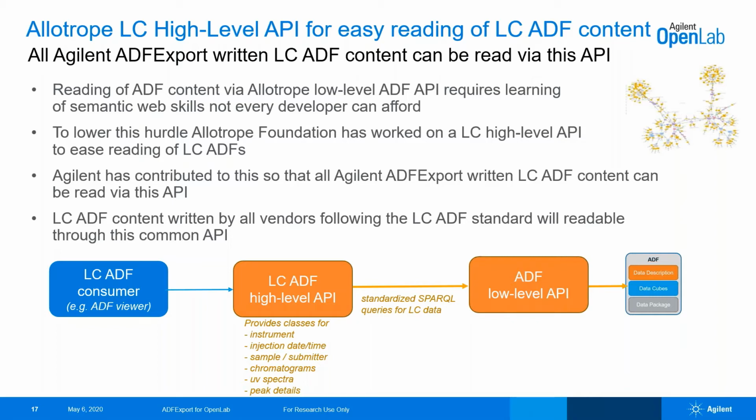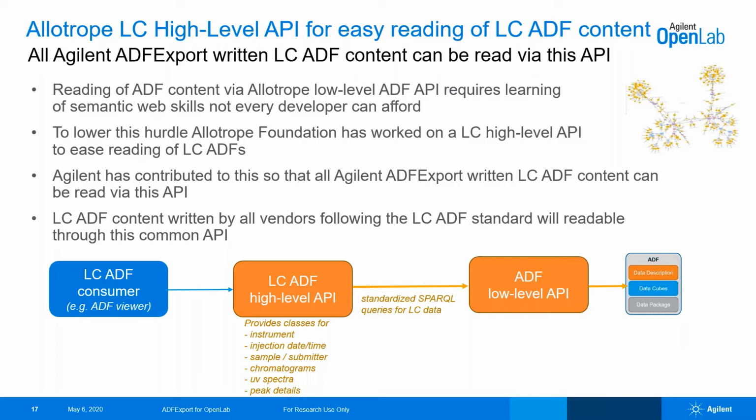On the left side, we see the Elsie ADF consumer, which is the viewer, and on the right side, the ADF with the data description, with the graph and raw data in the data cube. On the upper right side, you see one example of a graph, which can be read through the ADF low-level API. What's new is the Elsie ADF high-level API, which uses standardized SPARQL queries, that means queries to get the information out of the ADF for Elsie data.